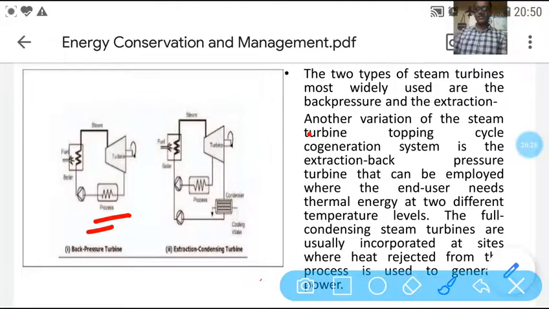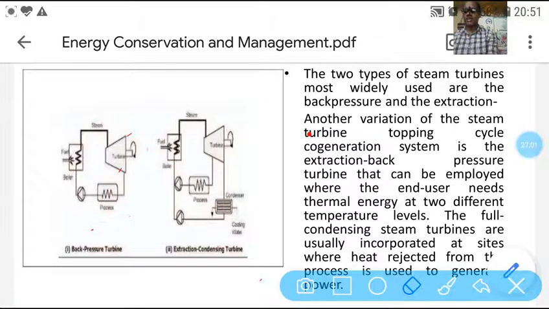Whenever the turbine's primary need is not to generate electricity but to produce process heat, it is practically used in industries such as sugar industries and chemical plants, where the primary electricity comes from the grid and the secondary option is to generate the process heat.